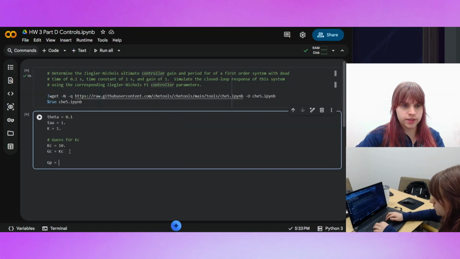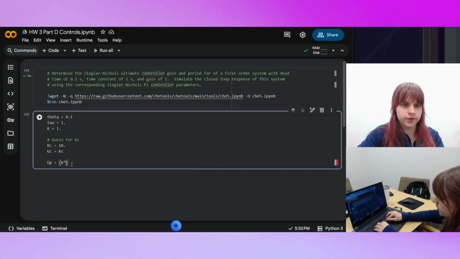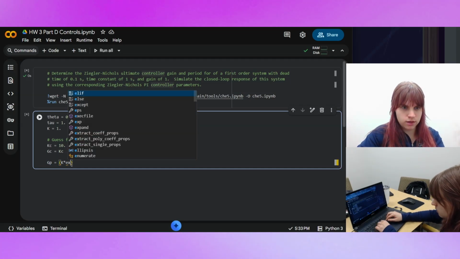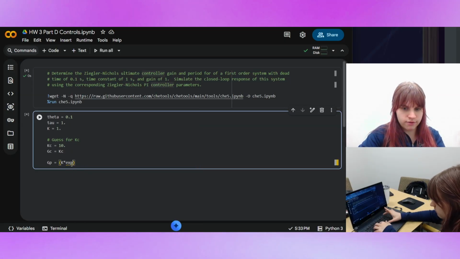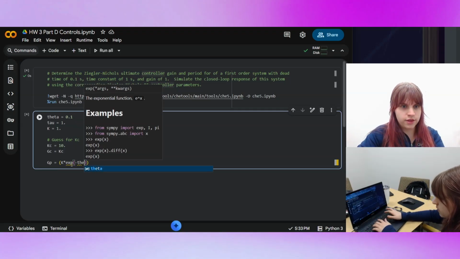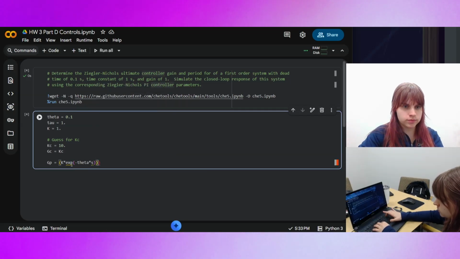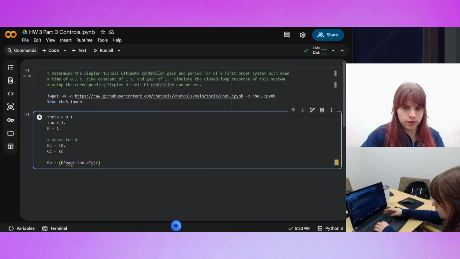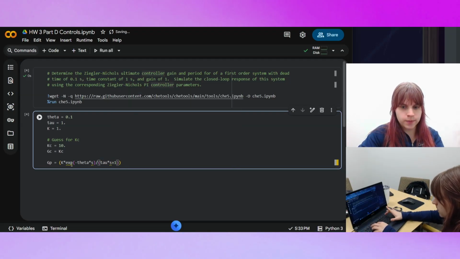And from what I derived earlier, we know that our process transfer function is the gain times e to the negative theta times s, divided by tau times s plus 1.